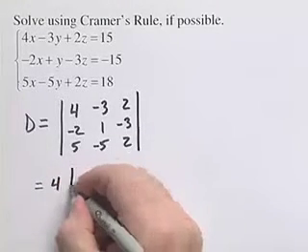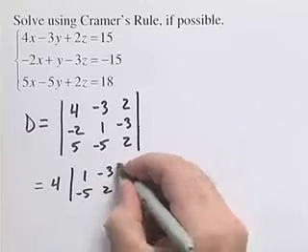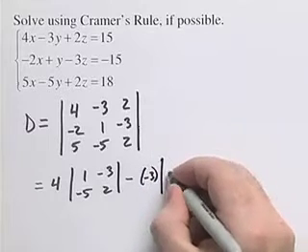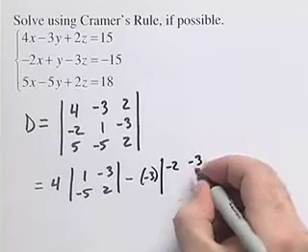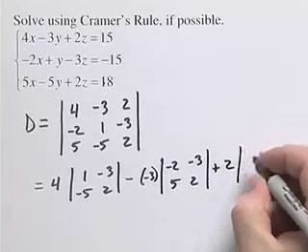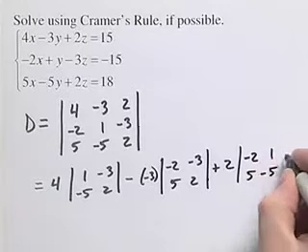So we'll have 4 times the determinant of 1, negative 3, negative 5, 2, minus negative 3 times the determinant of negative 2, negative 3, 5, and 2, plus 2 times the determinant of negative 2, 1, 5, and negative 5.